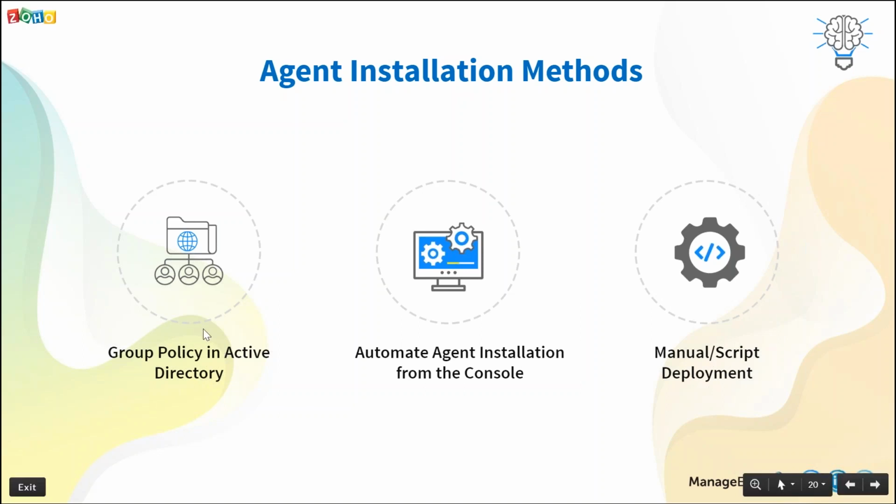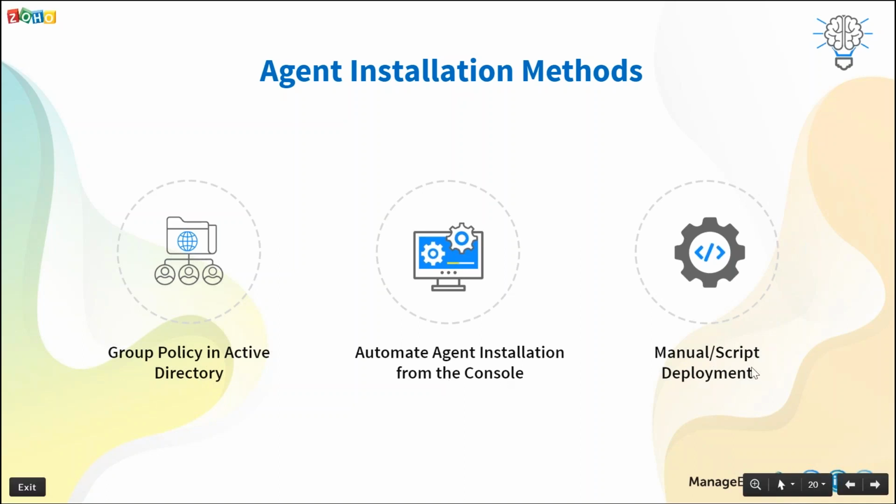Number one, by leveraging the GPO, you can simply download the application and push it using a GPO. Number two, you can install agents automatically by adding domains or workgroups and roll out the agents to them from the console, which will invoke installation automatically.